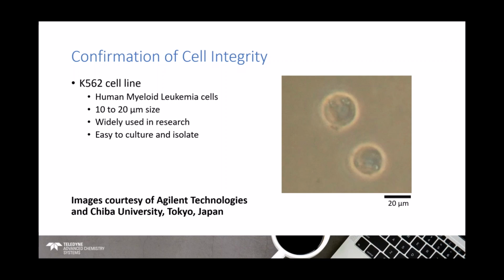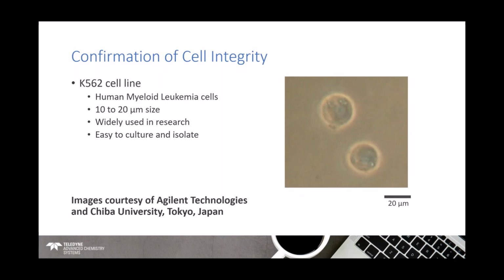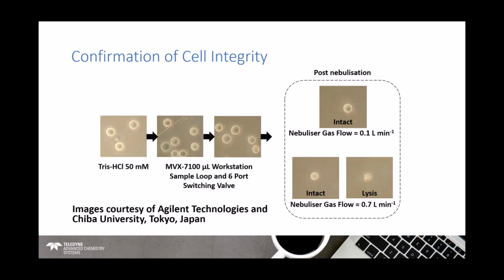What you'll see here, if we start through this flow on the left-hand side, is that the furthest left image shows these cells in a Tris buffer. That's what the cells look like before anything's been done to them.